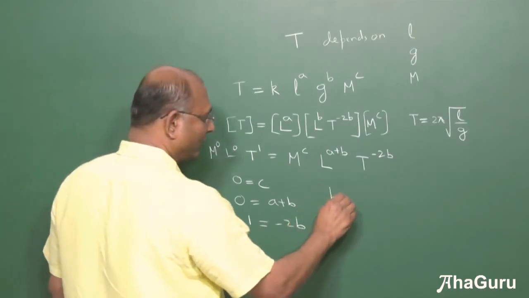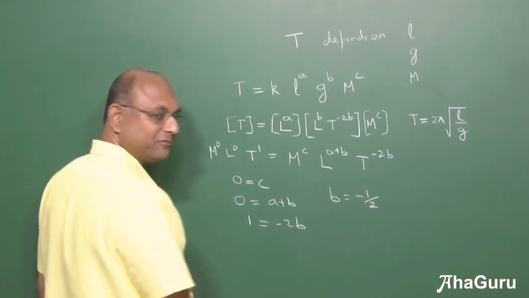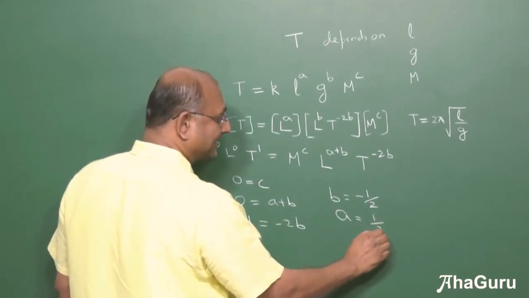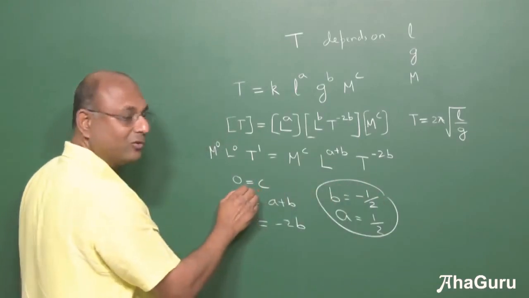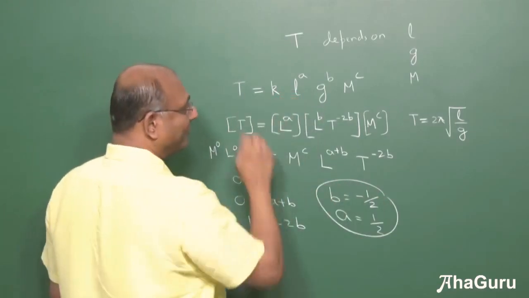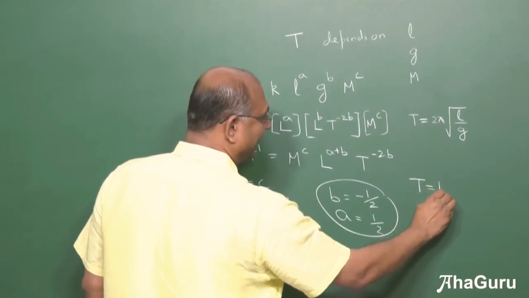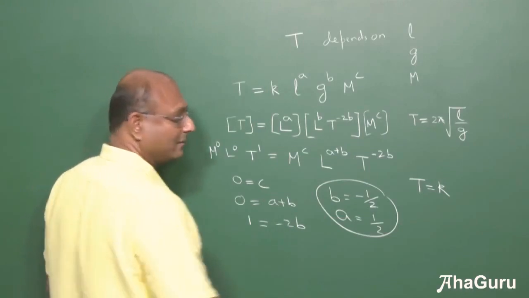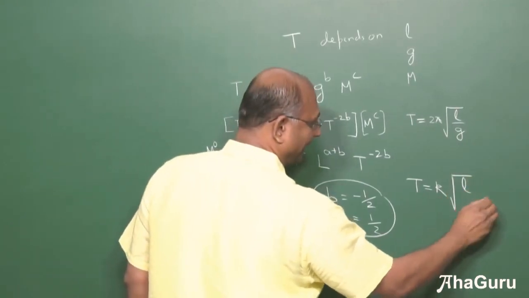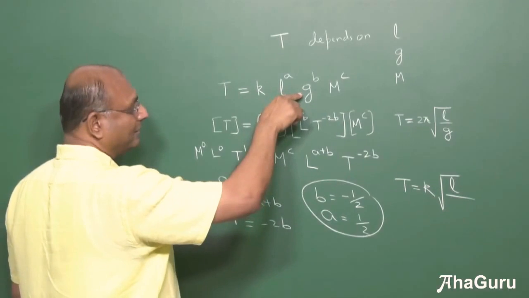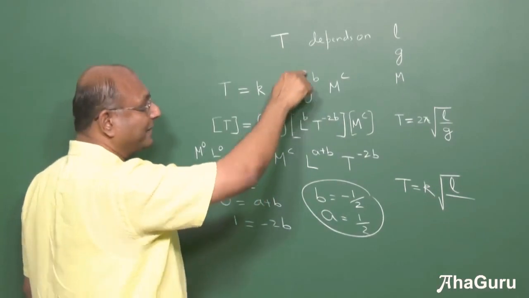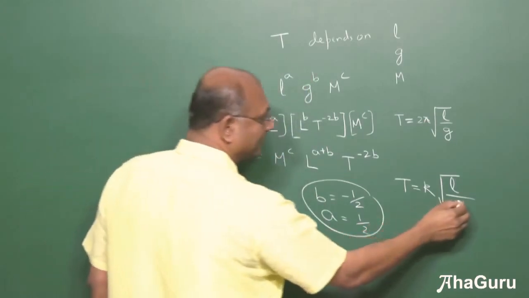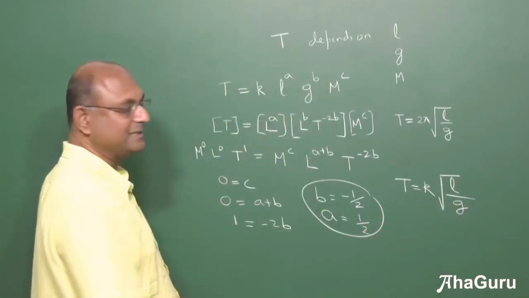So this tells you B must be equal to minus half. A plus B is 0, so this basically means A must be equal to plus half, and we have already found C is 0. So if I substitute that in here, I am going to get T must be K times L power half, which means root L, right? B is minus half, so G power B, so G power minus half, which is 1 by root G. So I'll write it like that, and M power 0, so that doesn't come.